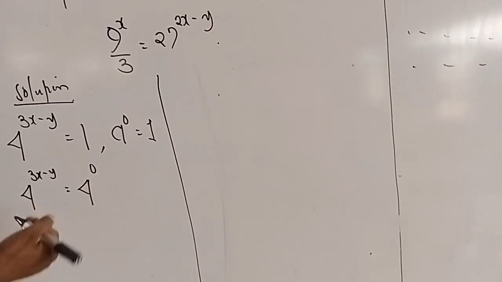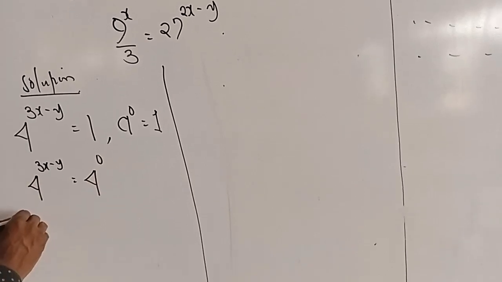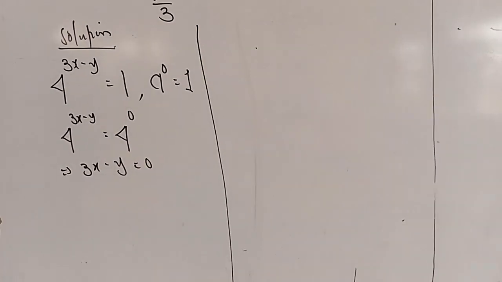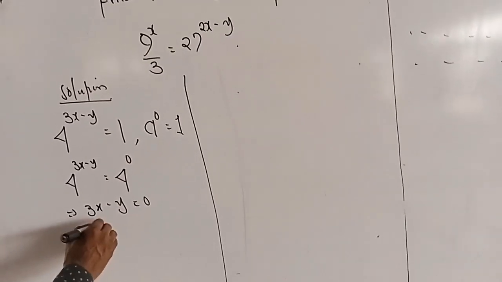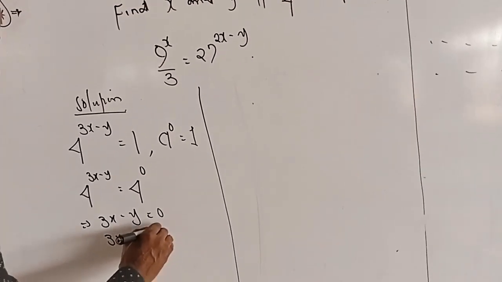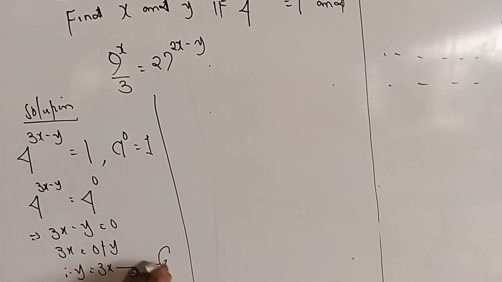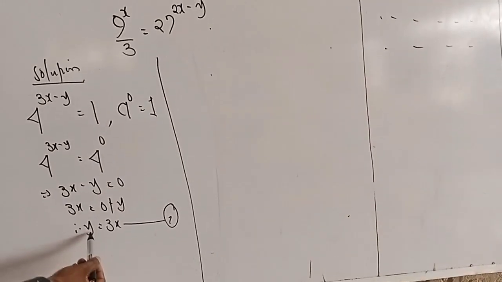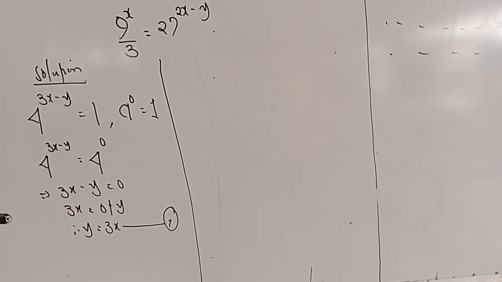Why am I using 4? Because the base here is 4. Since the bases are the same, we have 3x minus y equals 0. So let's make y the subject of the formula from here. So 3x equals 0 plus y, so y is equal to 3x. I will call this equation 1, because the value of y is unknown and the value of x is unknown. Therefore, it becomes an equation.